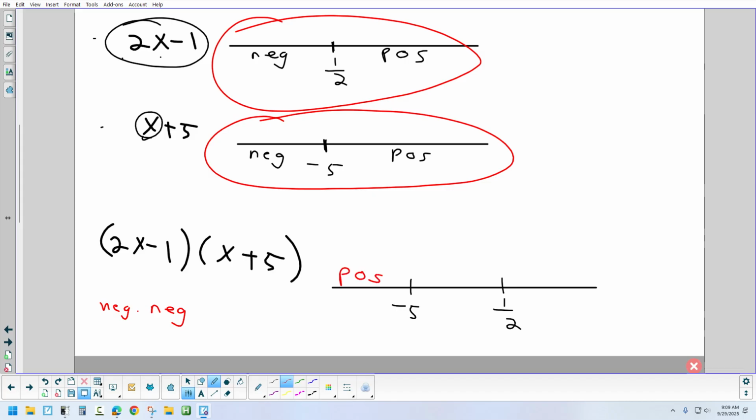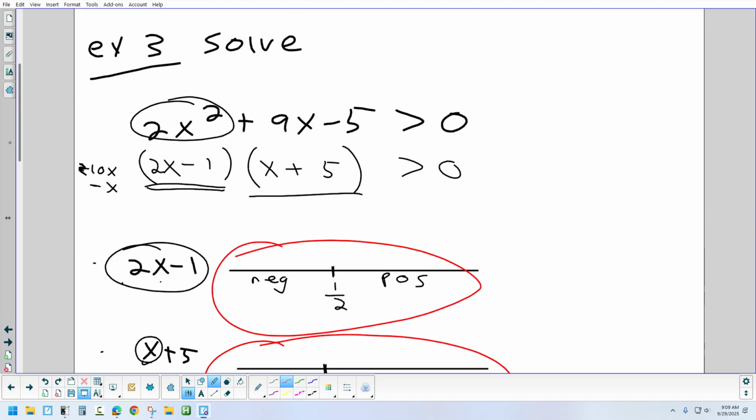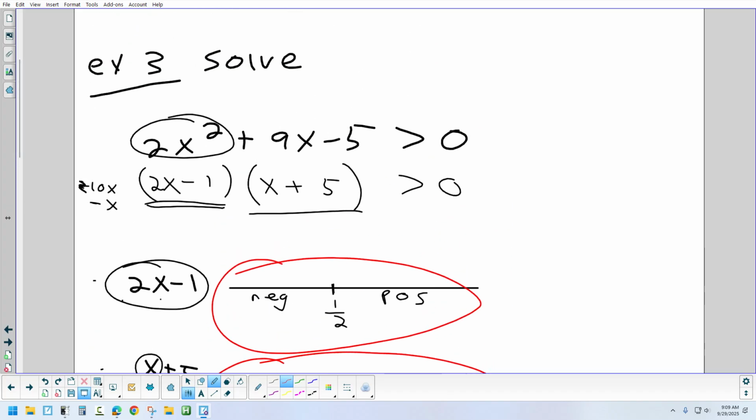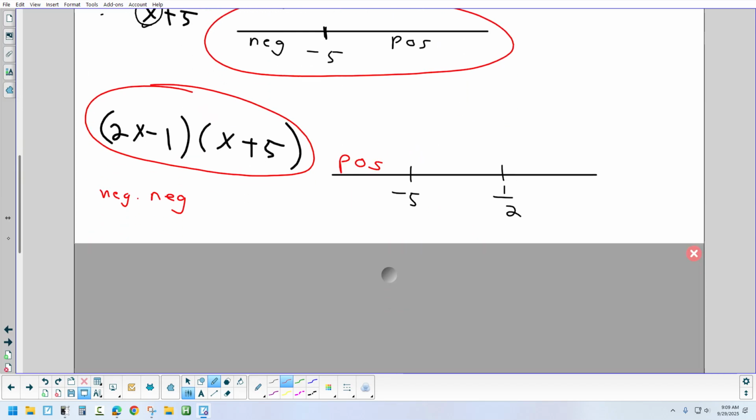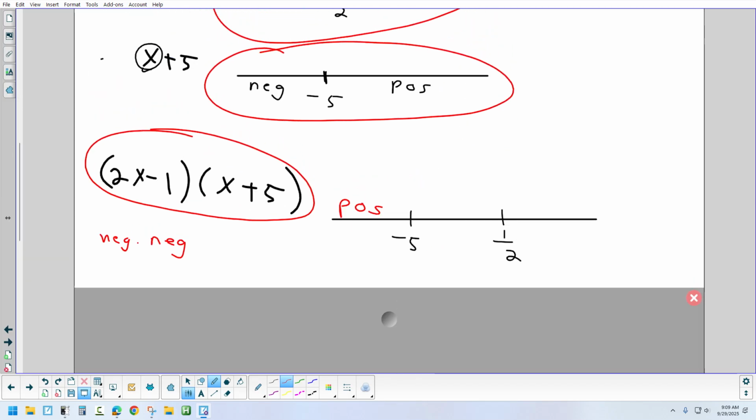So looking at combining these two together, numbers lower than -5 in this product will result in a positive answer, okay? A greater than 0 answer. That's something we're going to be interested in. We want to know where the result is positive. So now we know one section where it happens. Everything below -5.